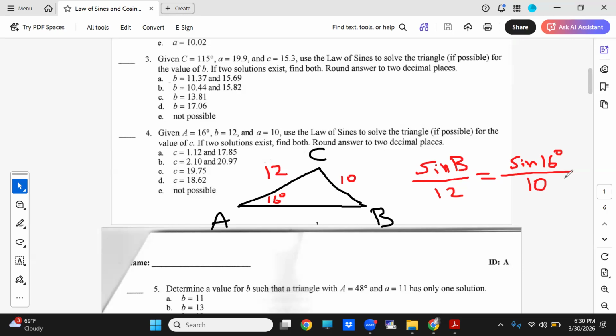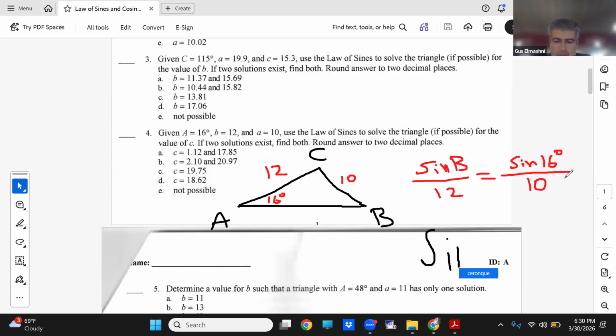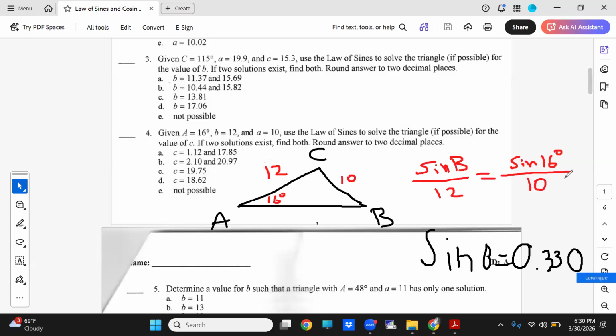I got for sine B is equal to 0.330. Okay, good.